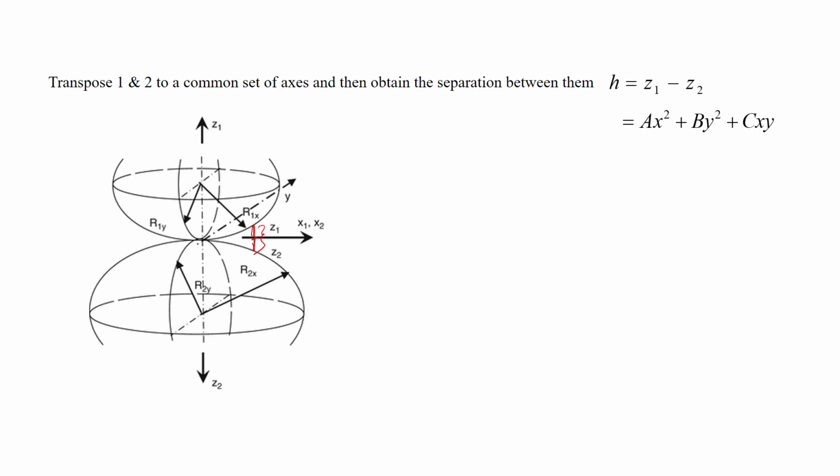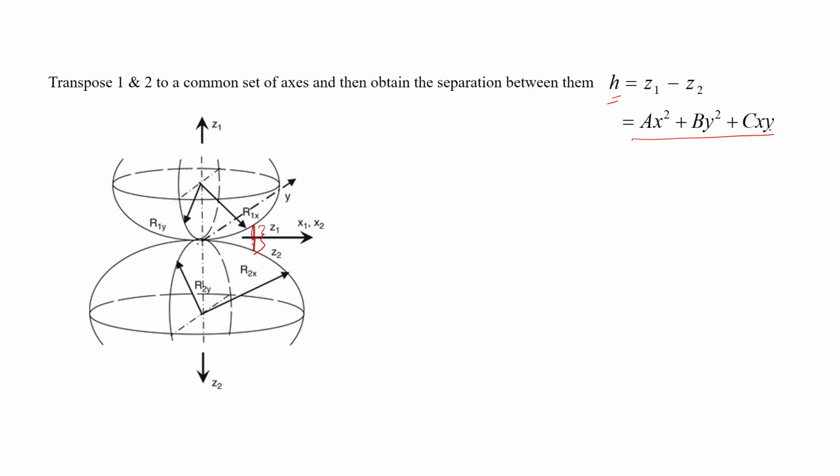What is the gap between them? Let us say that gap is h. So, h will be equal to z1 minus z2, okay. Since z2 is negative, h will be positive anyway. z1 is positive, z2 is negative, so z1 minus z2 will be positive, and that can be represented by this relation.